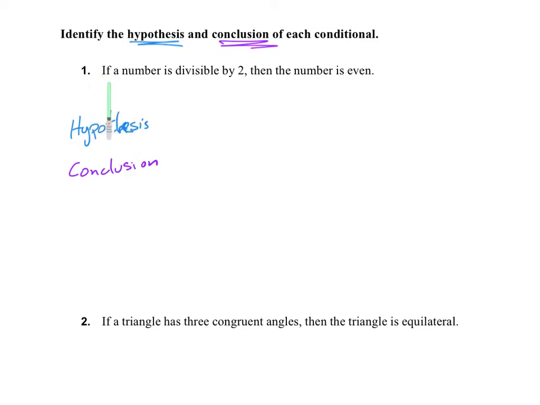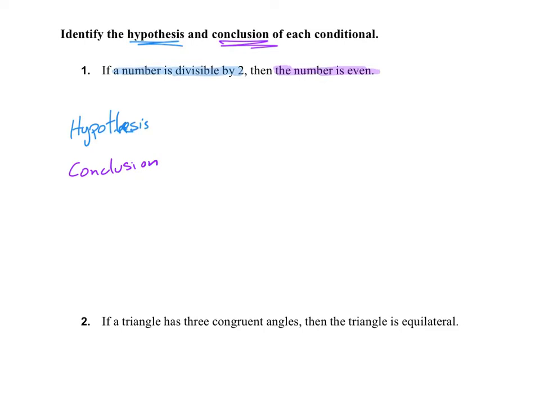So in this statement, if a number is divisible by 2, then the number is even, my hypothesis is that part that is after the if, not including the if. So this is my hypothesis. My conclusion is everything that is after the then. So again, hypothesis, conclusion.